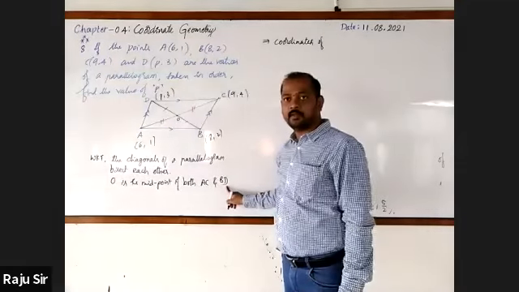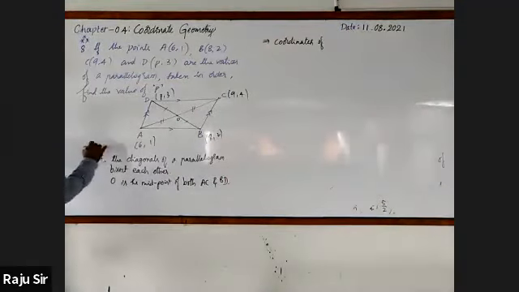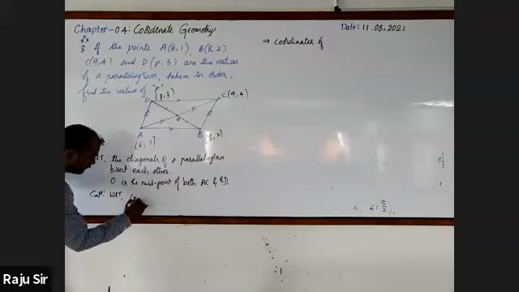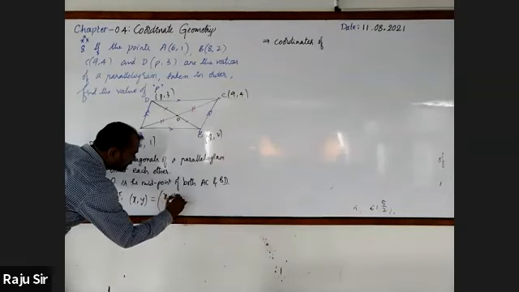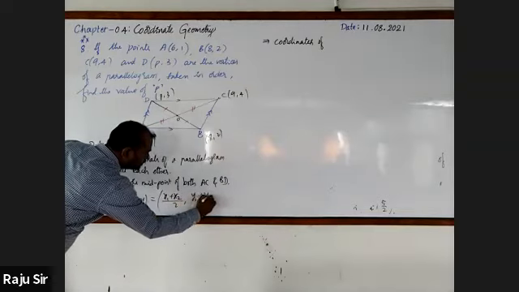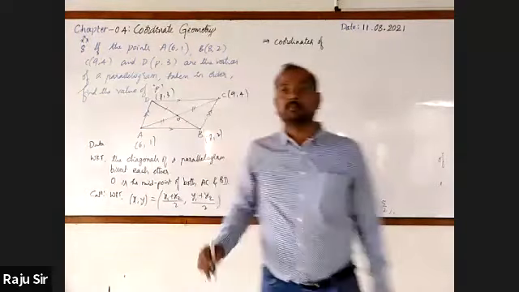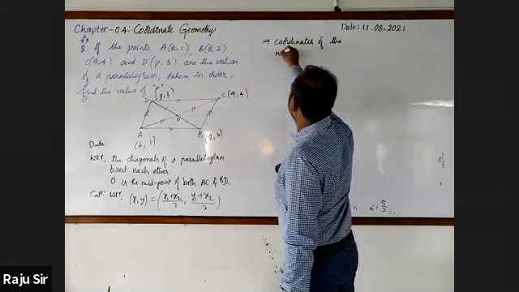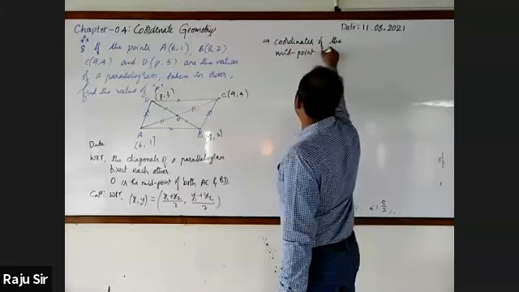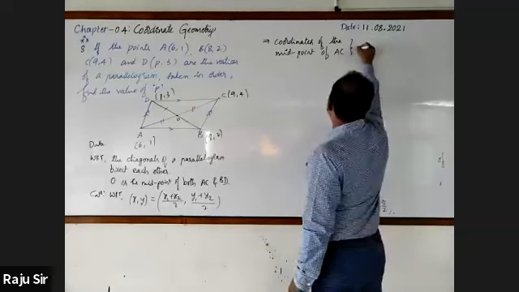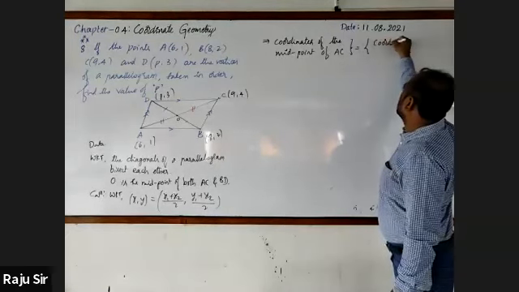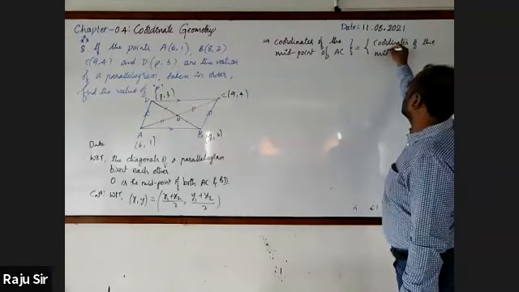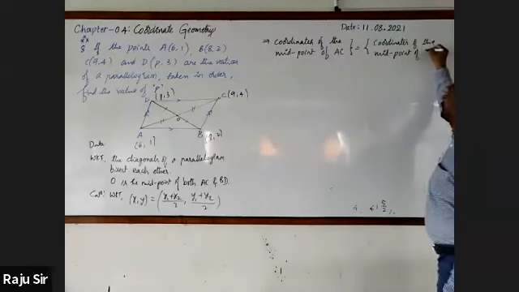We are going to use the midpoint formula. We know that the midpoint formula (x, y) is x1 plus x2 by 2, y1 plus y2 by 2. After that, you write this: coordinates of the midpoint of AC is equal to coordinates of the midpoint of BD.